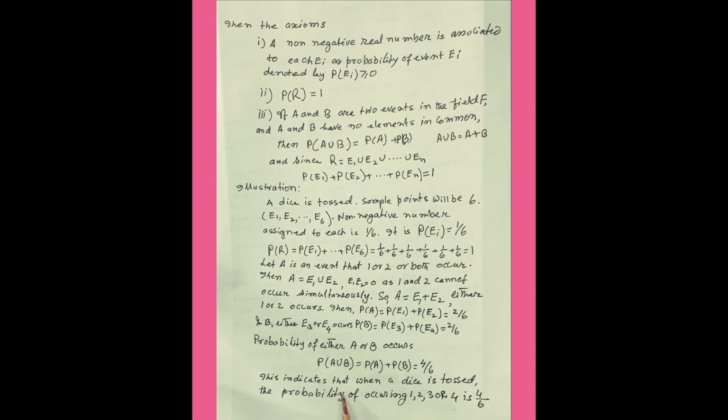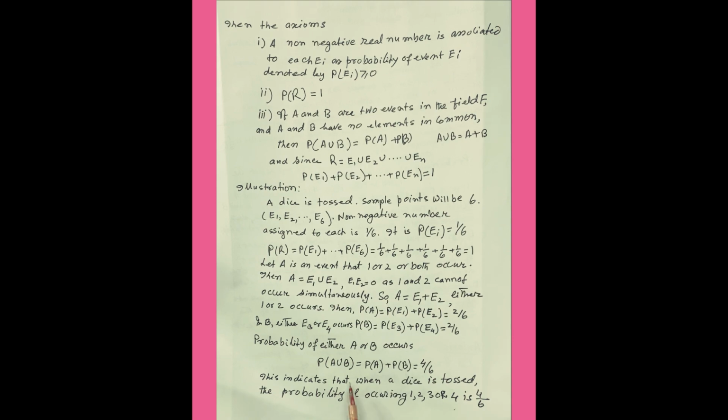So when a dice is tossed, the probability of occurring 1, 2, 3 or 4 is 4 by 6, because here both A and B are involved.